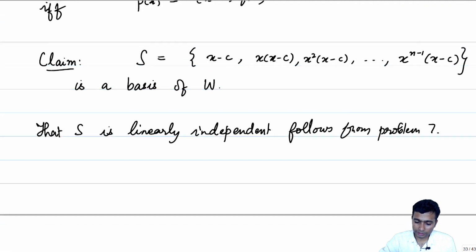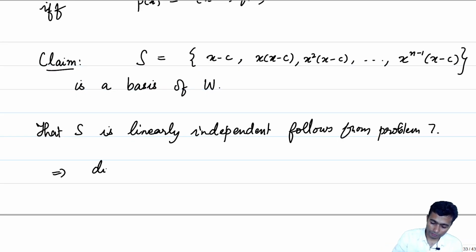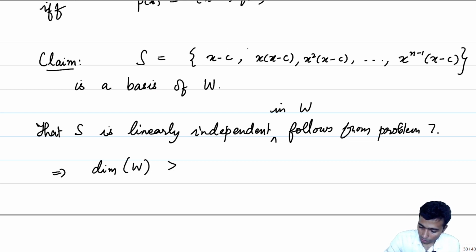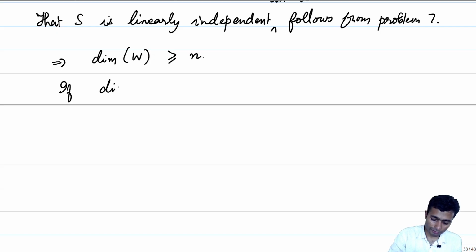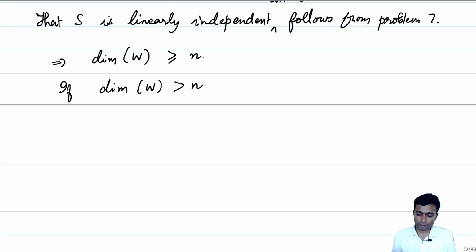So they are necessarily linearly independent. And what is the size of S? All these are vectors in W and they are linearly independent. Therefore, the dimension of W should be greater than or equal to the number of them. This is 0, 1, 2 up to n minus 1, so there are n of them. So if the dimension of W is not equal to n, if it is greater than n, it has to be n plus 1, because Pn of R has dimension n plus 1.